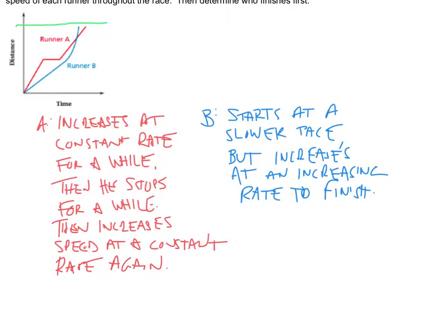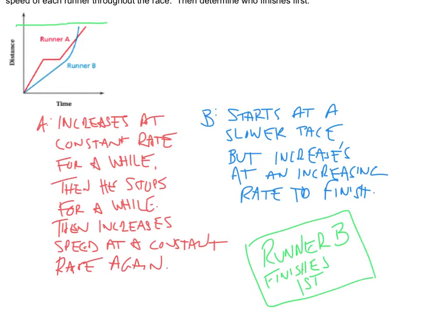But again, if this is the distance that you are supposed to meet in the shortest amount of time, actually the blue person makes it in a shorter amount of time. So to answer the second part, who finishes first? Runner B finishes first. They made the distance in a shorter amount of time, so they would be the winner.